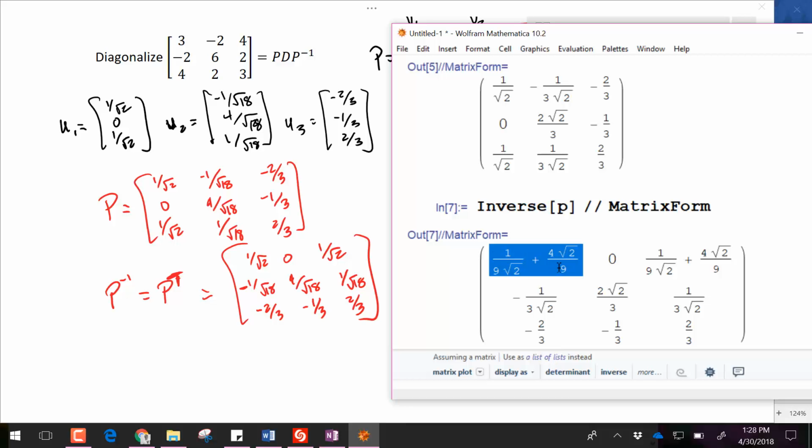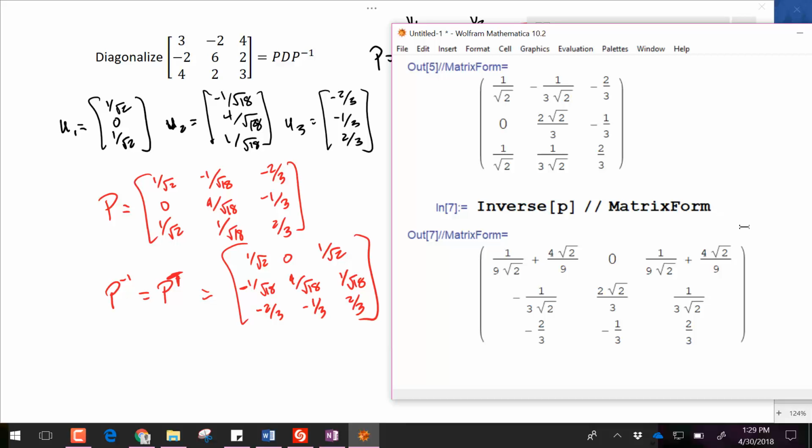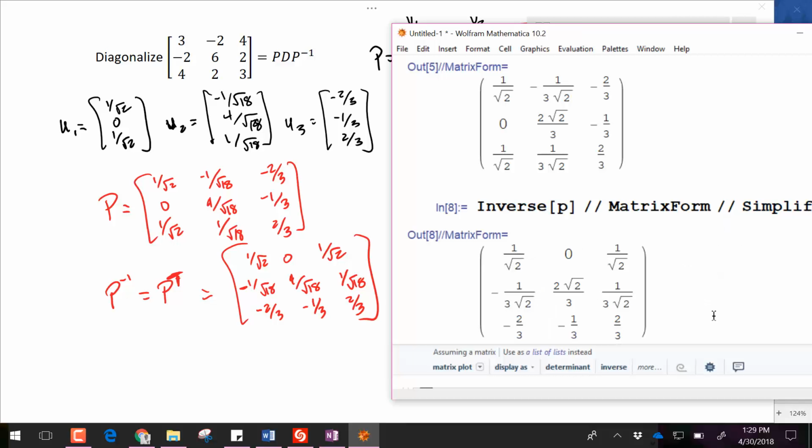So I think if this is all equal to, simplifying it, I'd say it's the same. Does that look okay now? That's a transpose of what's up here.